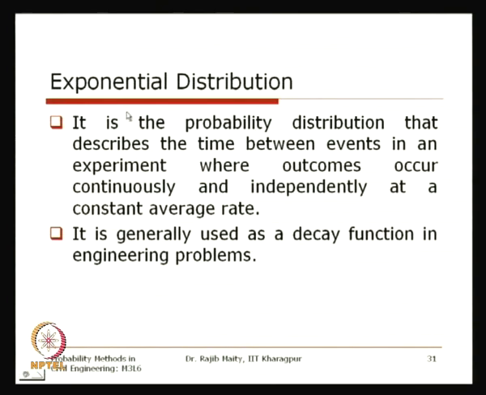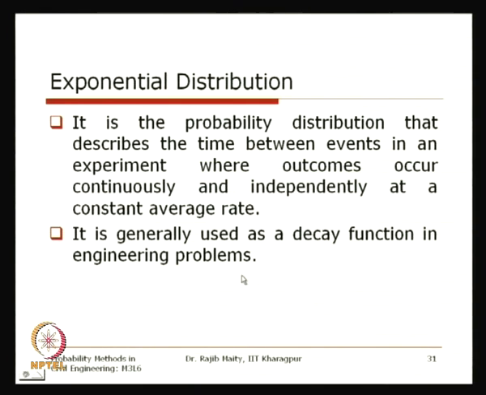Next we will discuss the exponential distribution. It is the probability distribution that describes the time between events in an experiment where the outcomes occur continuously and independently at a constant average rate. It is generally used as a decay function in engineering problems.